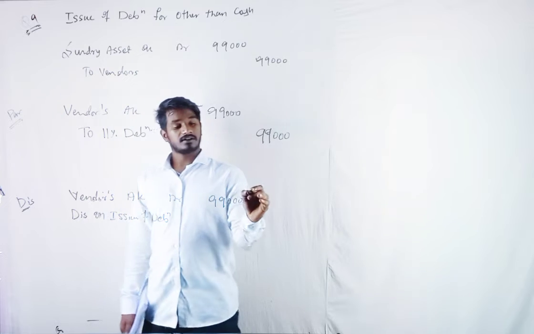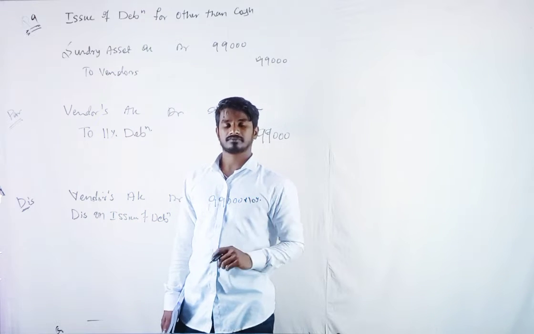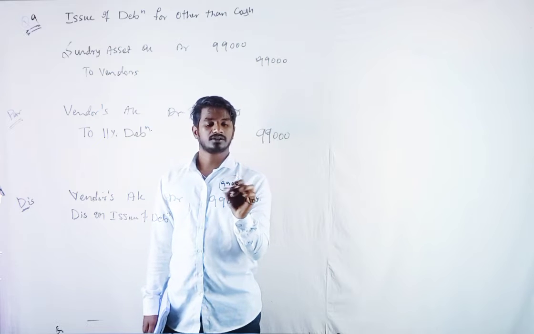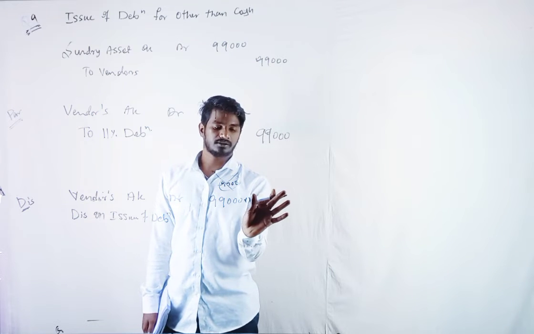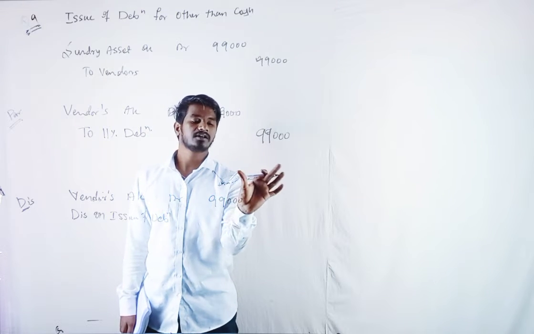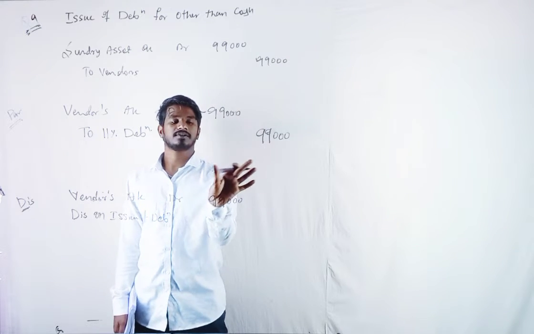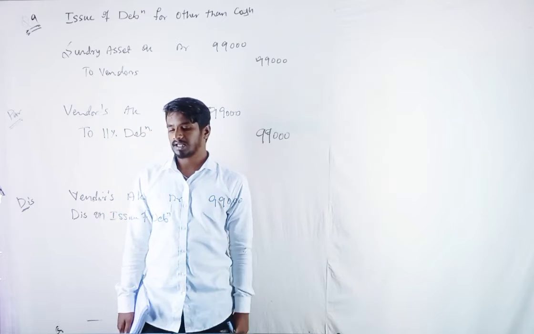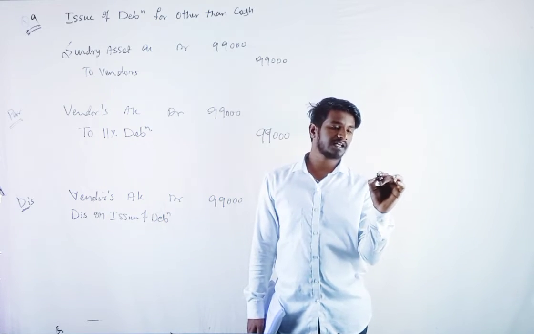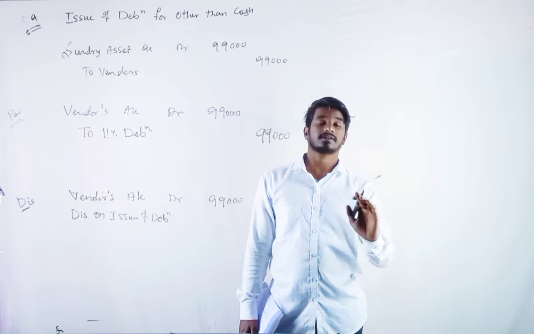Shall we take this as 10%? That comes to 9,900, but that is absolutely wrong, because they didn't mention how many debentures they have issued. We should calculate that.